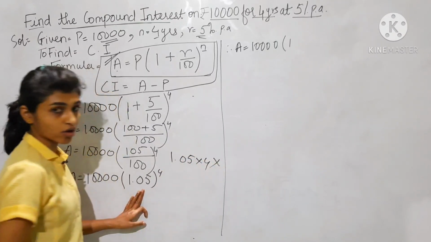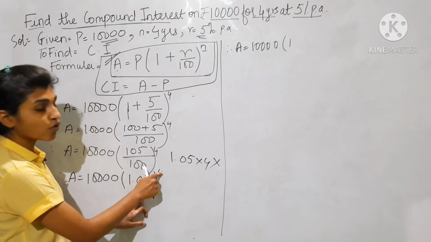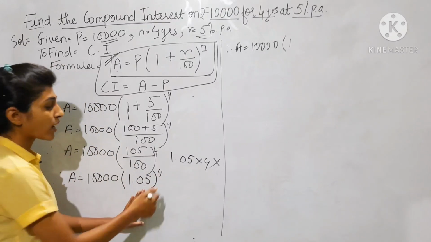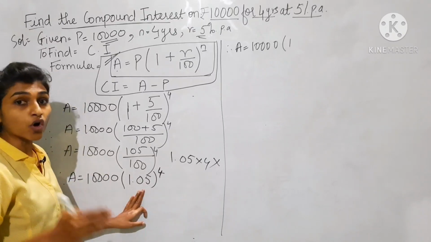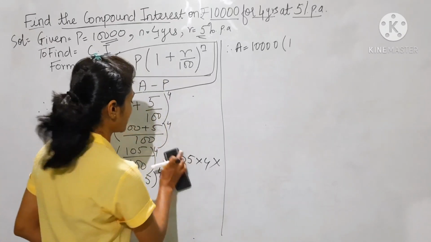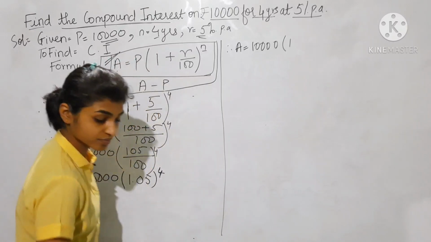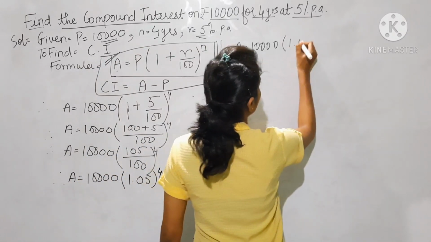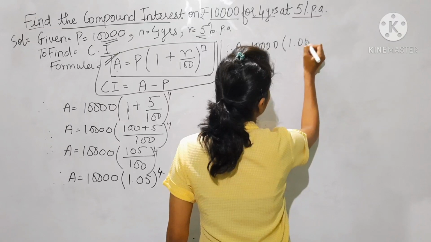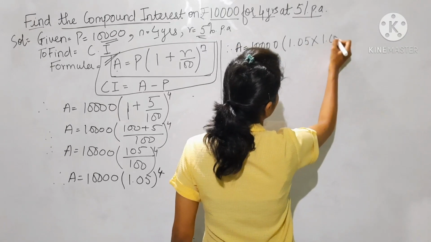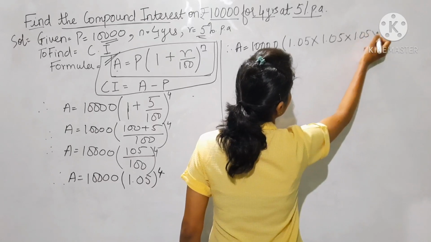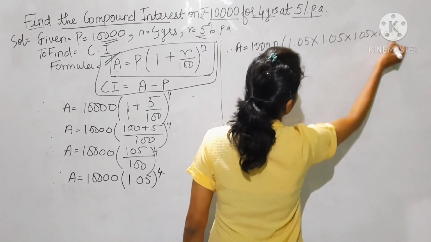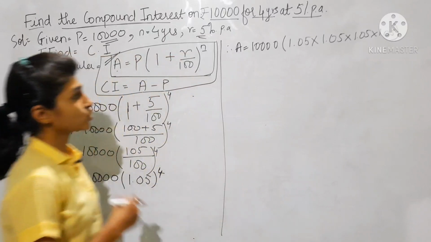Okay, this is wrong. Power 4 means you have to multiply 1.05 4 times: 1.05 into 1.05 into 1.05 into 1.05. This is 4 times, raised to 4.